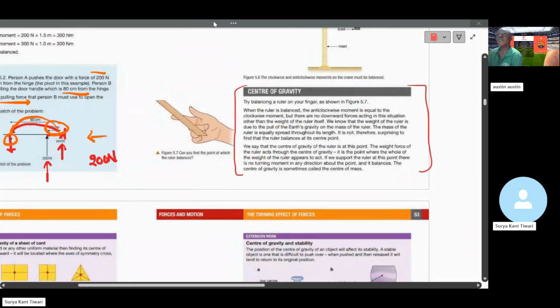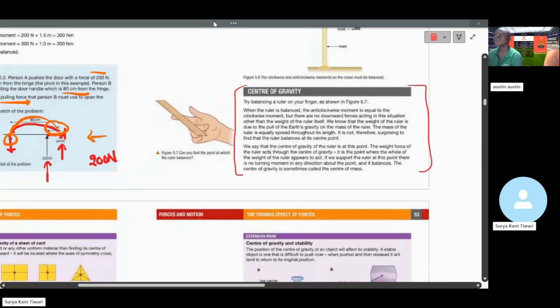The weight force of the ruler acts through the center of gravity. It is the point where the whole of the weight of the ruler appears to act. If we support the ruler at this point, there is no turning moment in any direction about the point, and it balances. The center of gravity is sometimes called the center of mass.